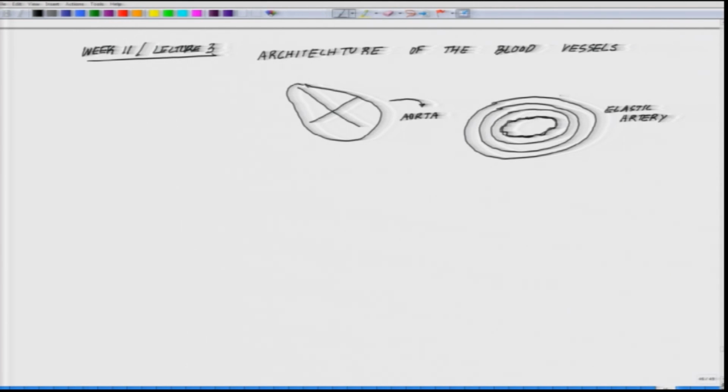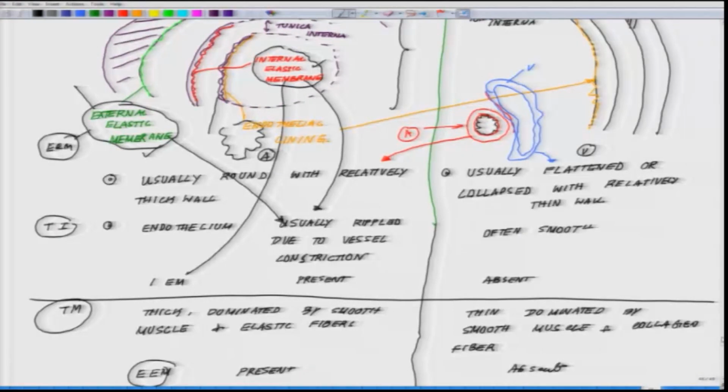Okay. So, this is tunica externa, tunica media, tunica interna, and in between, of course, you have external elastic layer and internal elastic layer, what I have already shown you. Okay.